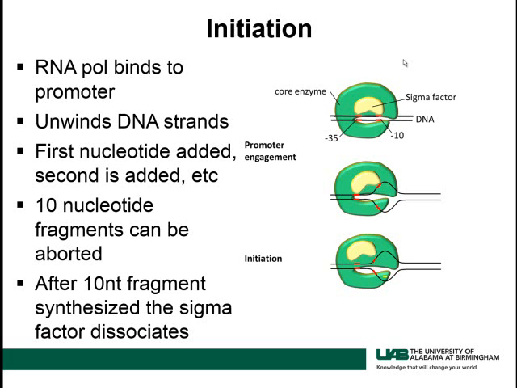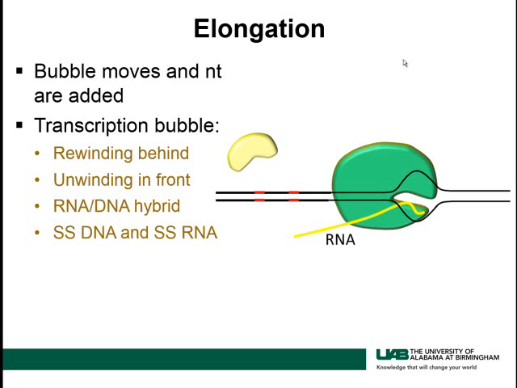Now you get the addition of nucleotide triphosphates until you get up to about 10 nucleotides on this oligonucleotide fragment that is growing. And every once in a while this is going to be aborted and you start back again, but once that 10 nucleotide oligo is stable, then the sigma factor dissociates and you go from initiation to elongation.